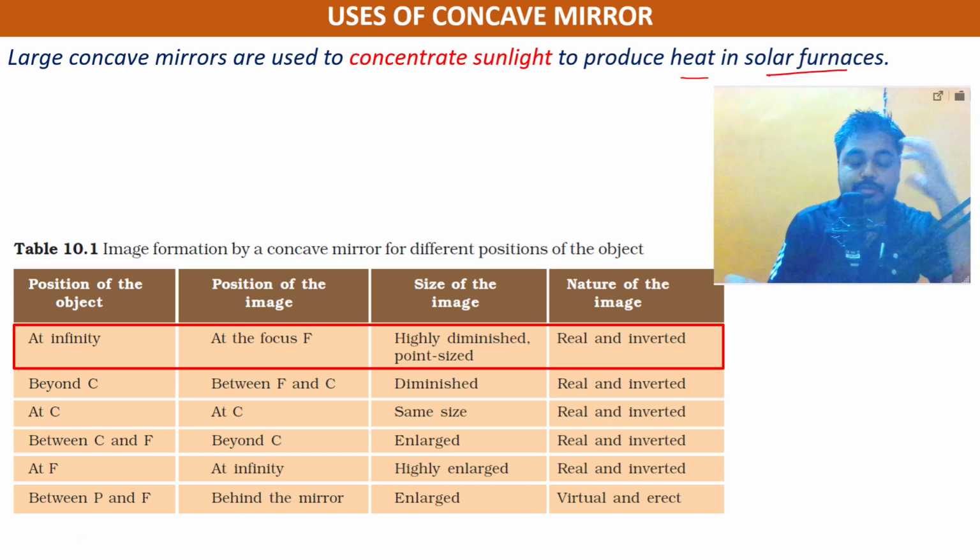So what is the property used? The property is, when the object is at infinity, the position of the image is at focus F. The size of the image is highly diminished, point sized, and a real and inverted image is formed.